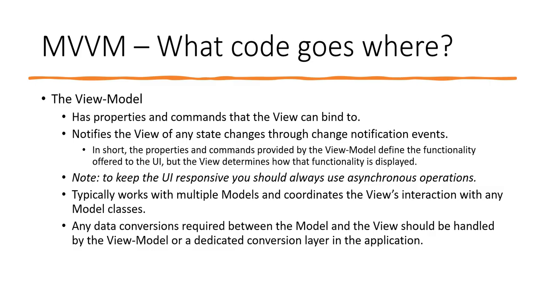Any data conversions that are required, and sometimes that's necessary. We've created converters in the past, just to go between incompatible data types that need to be converted back and forth. Well, that could be part of the view model, or we might create a separate conversion layer as part of the application to handle conversions, right?